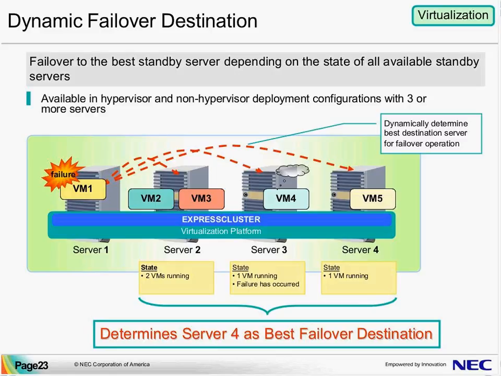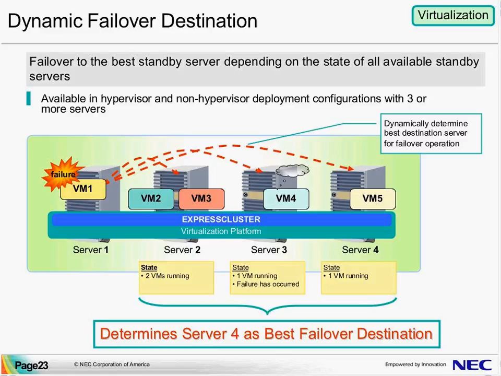So this is a new feature that enables less ongoing maintenance for ExpressCluster solutions, especially in a more dynamic and larger environment, because you can imagine from time to time servers may be added or removed from a cluster. With previous versions, users would be required to update the configuration to support the new configuration.